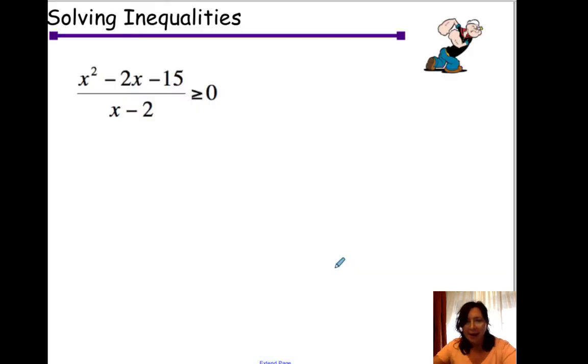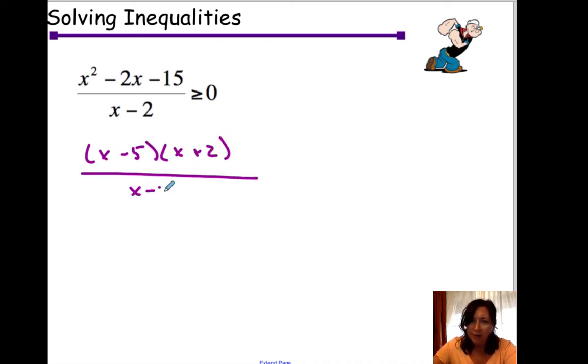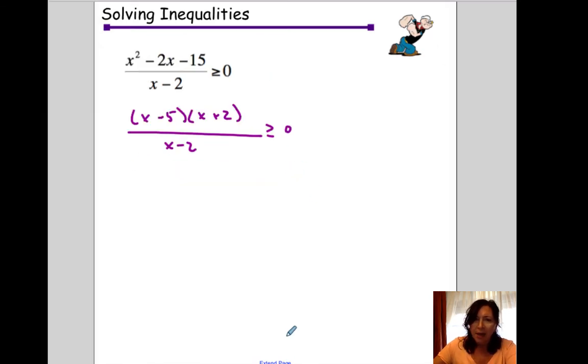Are you getting it? Okay, let's do another one. Factor first. It's already set equal to 0. So we're going to go x minus 5, x plus 2, x minus 2 greater than or equal to 0. I'm going to say my zeros are, what are they? 5, negative 2, and positive 2.